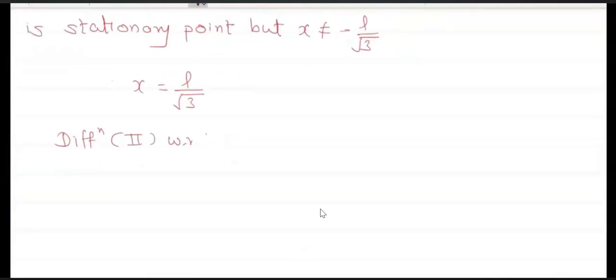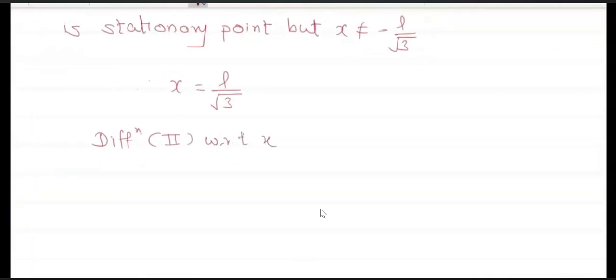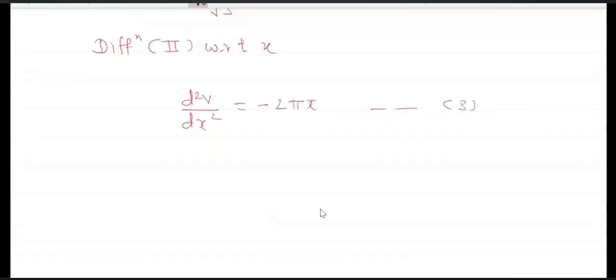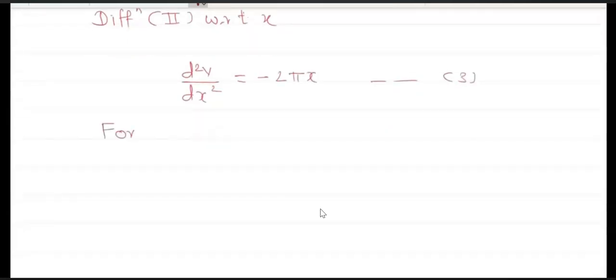Differentiate again equation number 2 with respect to x. Then you will get d2v upon dx square is equal to minus 2 pi x. This is the third one.